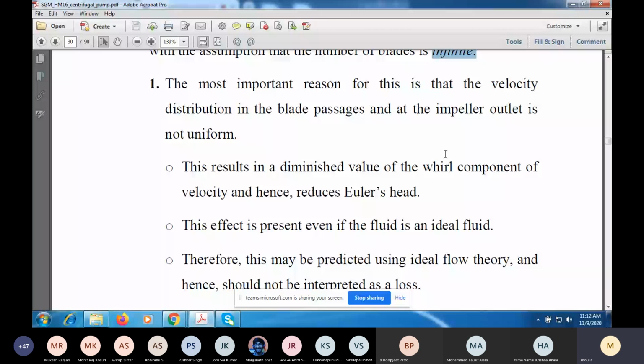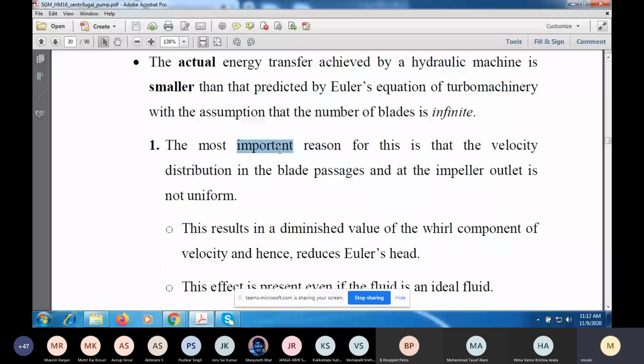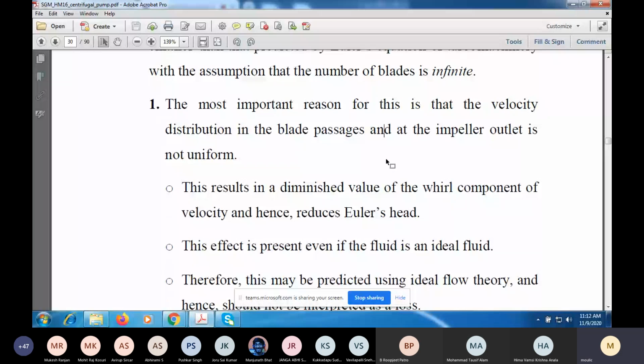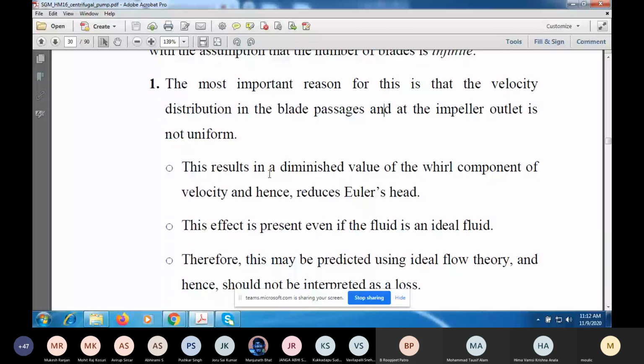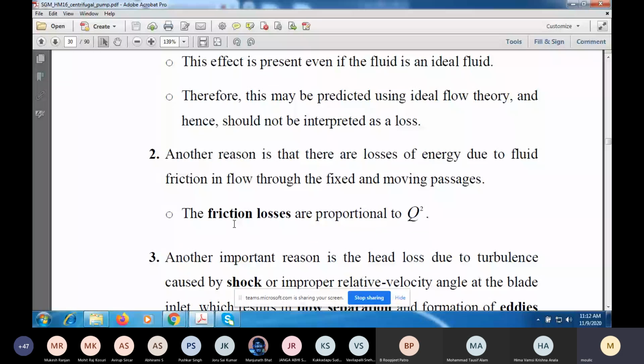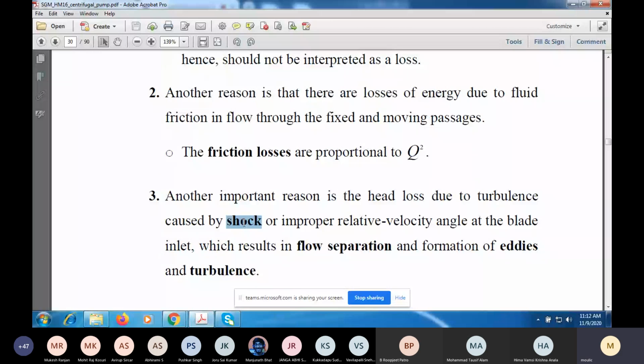So the most important reason why the actual head will be different is because the number of blades is not infinite. So the gap between adjacent blades is finite, and this leads to a non-uniform velocity distribution. Another reason is that there will be frictional losses in the passages. And a third important reason is what we are calling shock or improper relative velocity angle at the blade inlet.